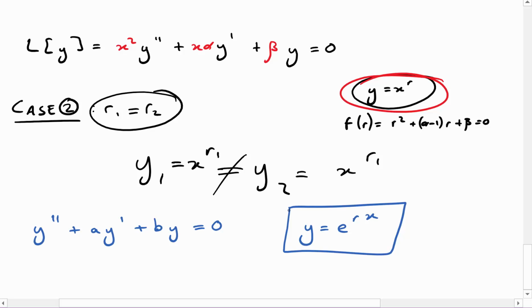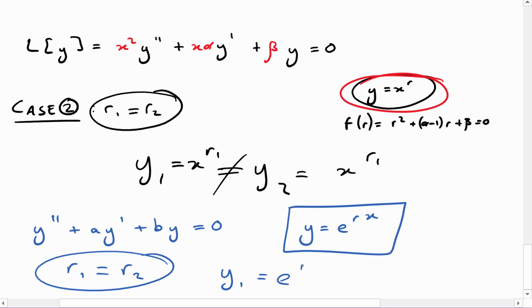We ended up with two roots, r1 and r2, and if they're both equal, then y1 is e to the r1 times x, and y2 is e to the r2 times x. To distinguish the two, we just stick an x in there. We're going to use a very similar idea here.